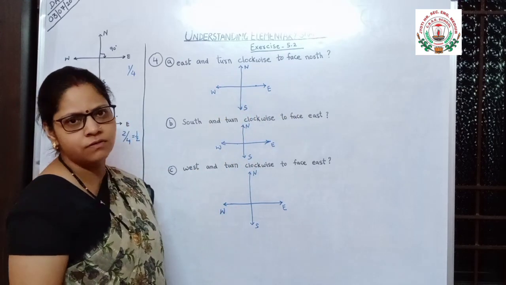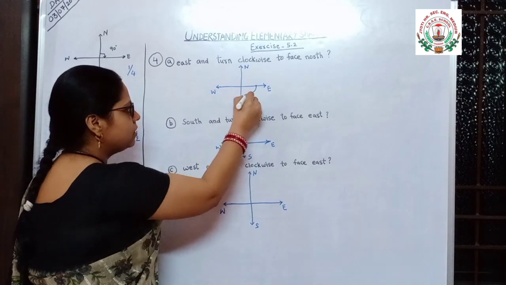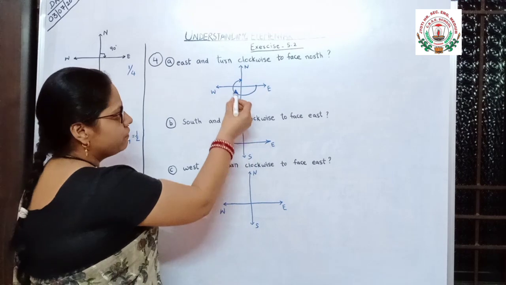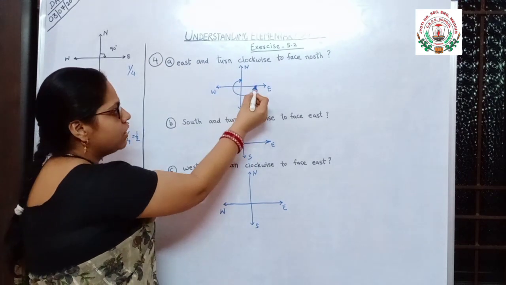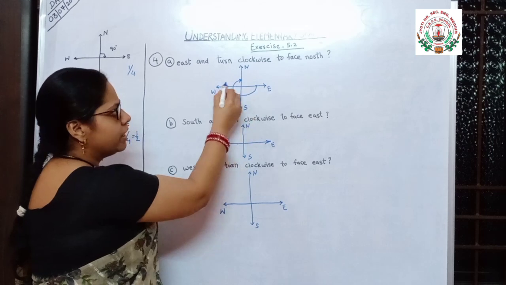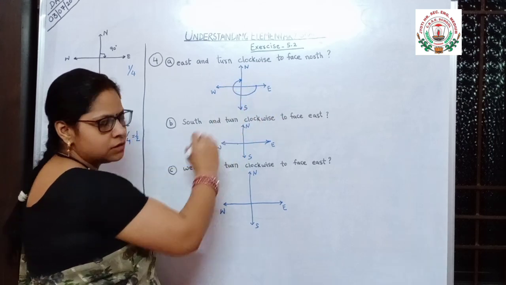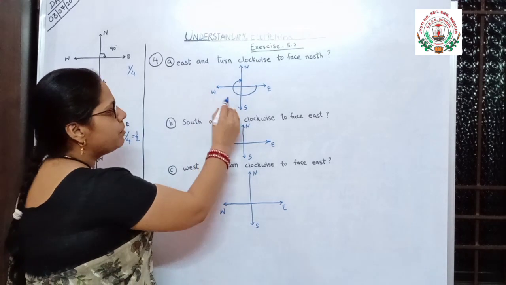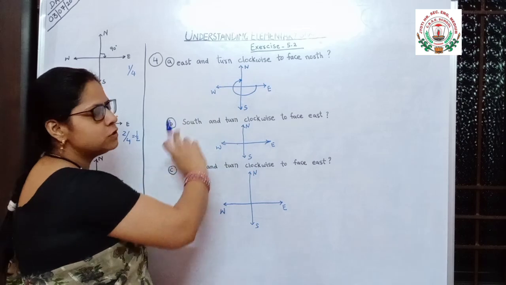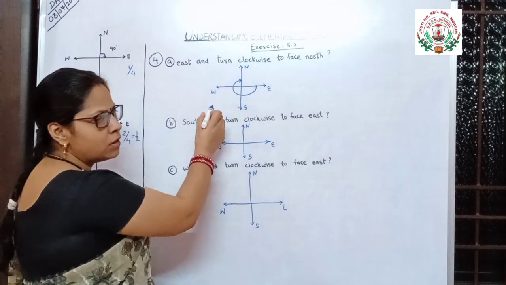Clockwise direction is given. Clockwise direction is in this way. So from here to here you have to move clockwise. Now you are at the east direction and you have to turn clockwise to face the north. Now which part you have covered here? These are the total 4 parts. Out of these 4, how many parts you have covered? We have covered here 3 of the parts.